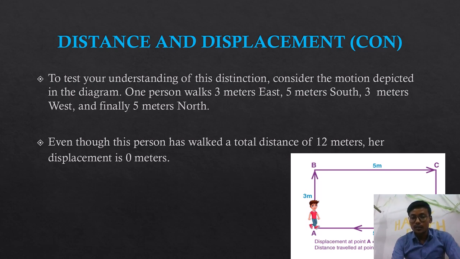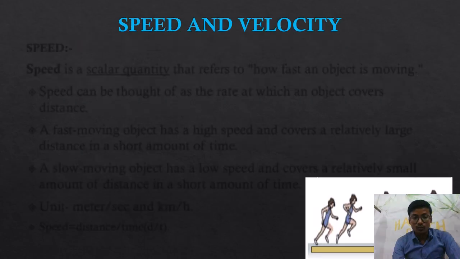But when this man starts from A and finishes again at A, what is the displacement? The displacement here is 0. Why 0? Because the start and finishing point is the same place. That's why the displacement is 0. So we go to the next slide.